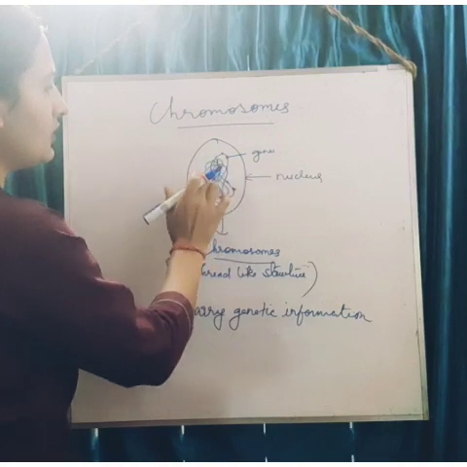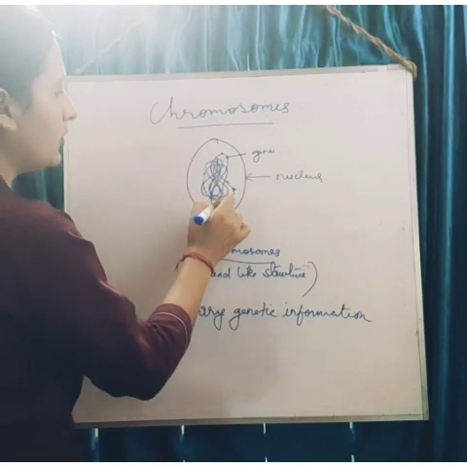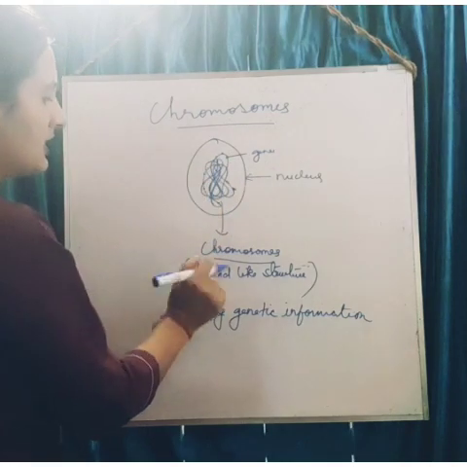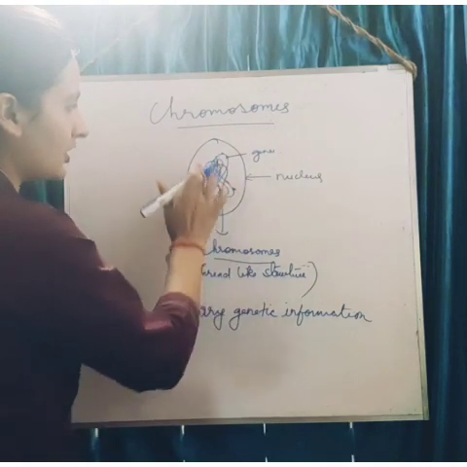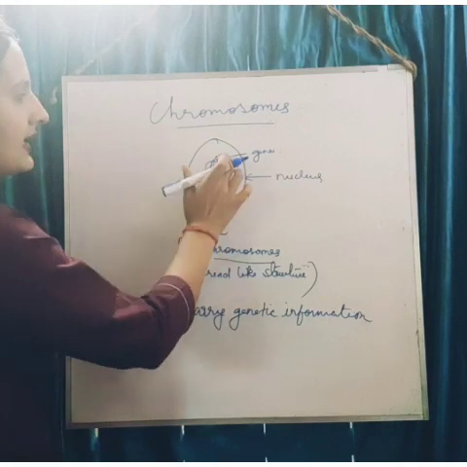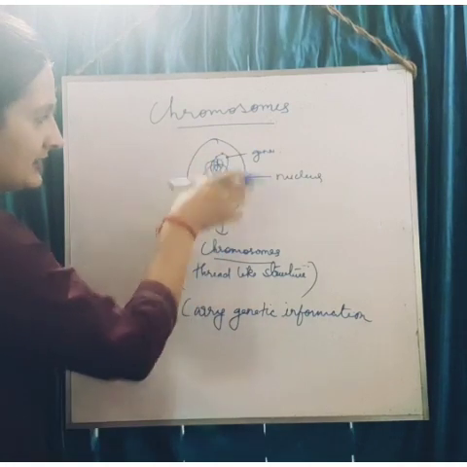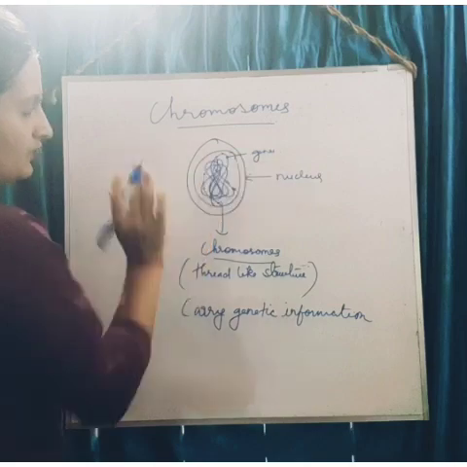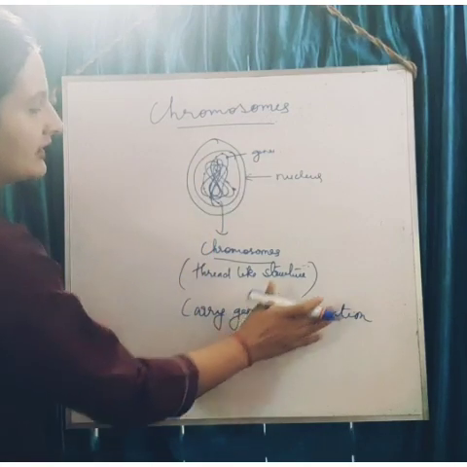These dots are genes, and this is your thread-like structure. As you can see, it is all a coiled structure, right? This is the nucleus and this is a gene. And chromosomes carry genetic information.